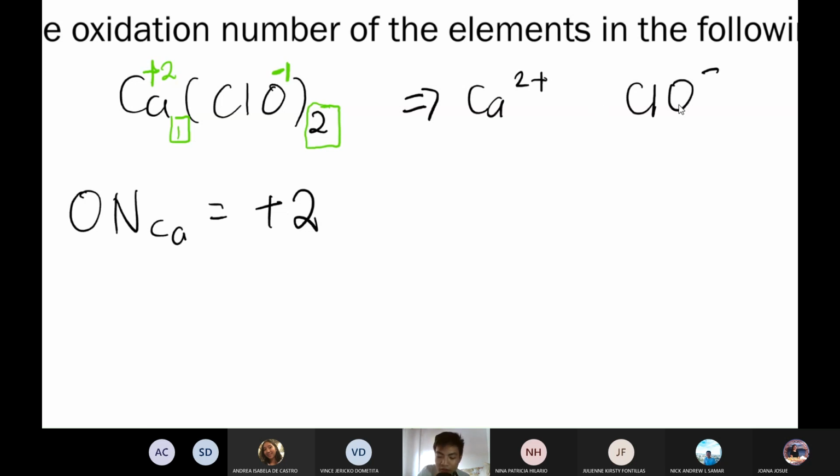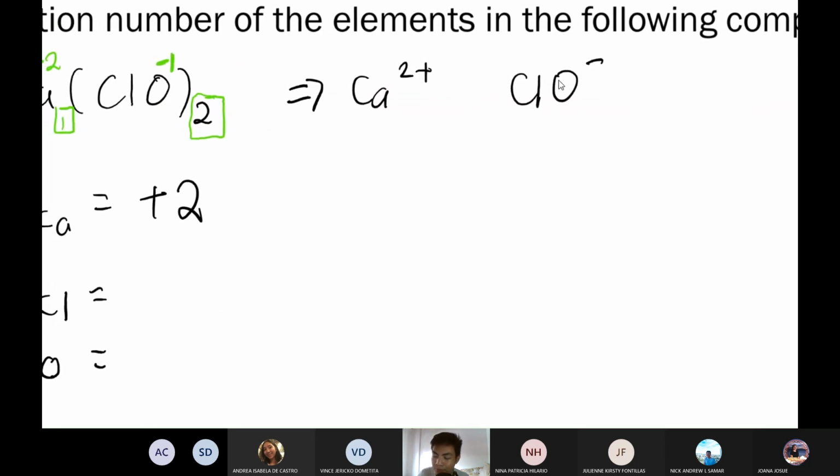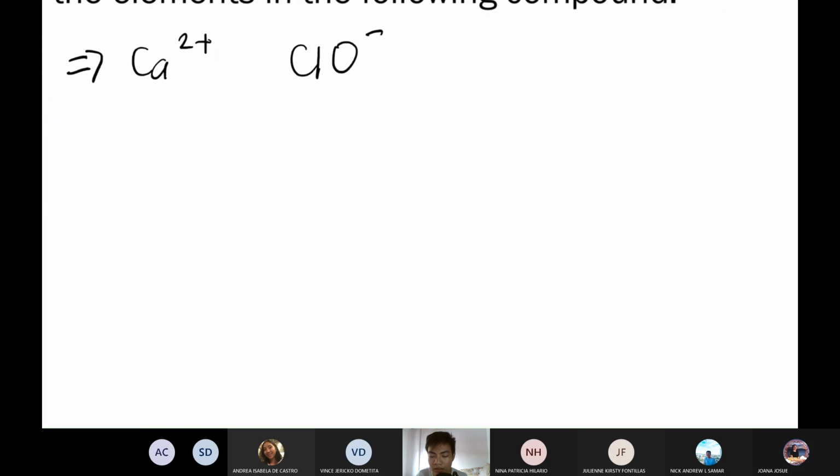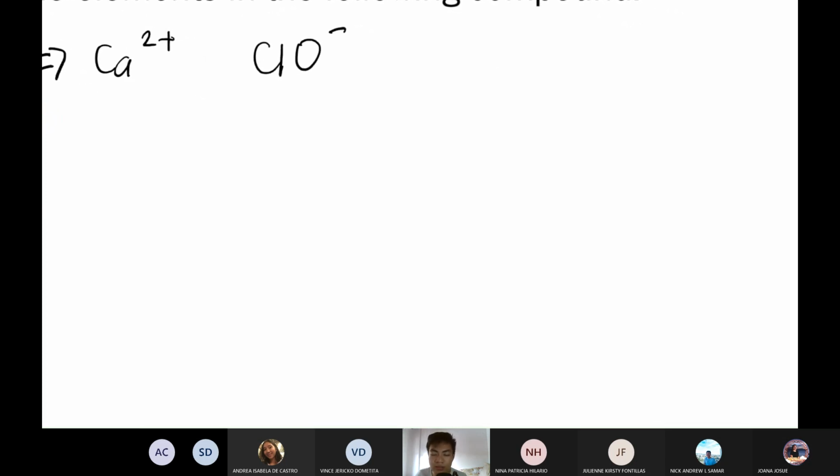For chlorine and oxygen, this is a polyatomic ion. We said earlier that the sum of the oxidation numbers of a polyatomic ion is equal to the charge.